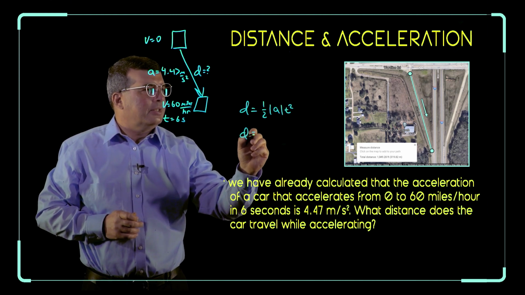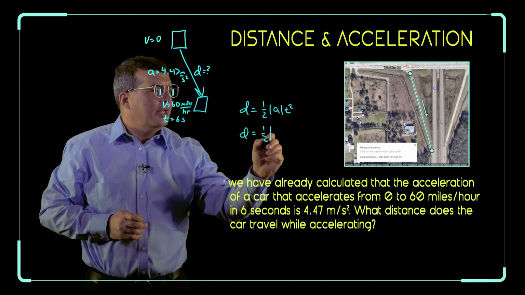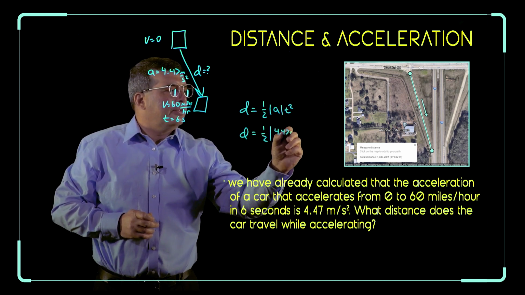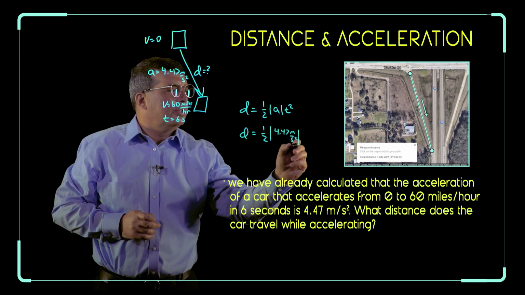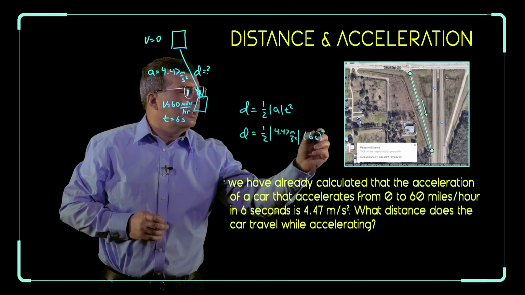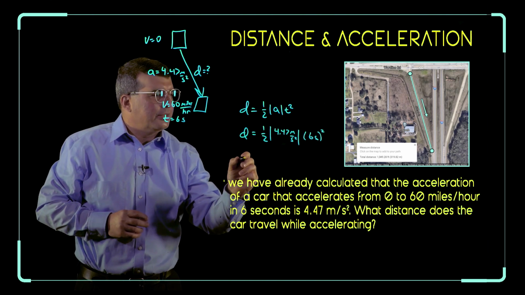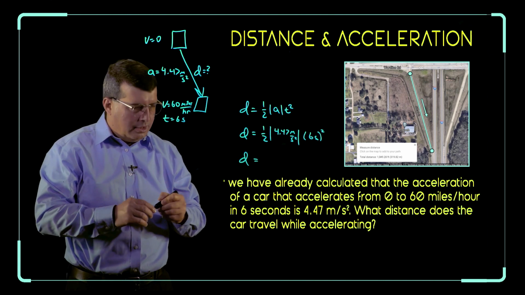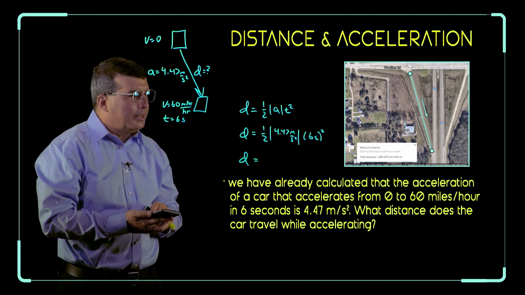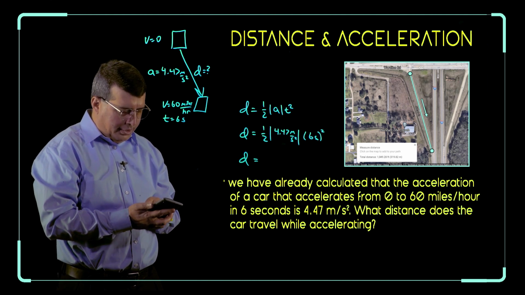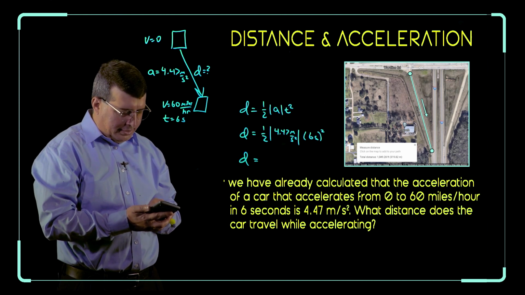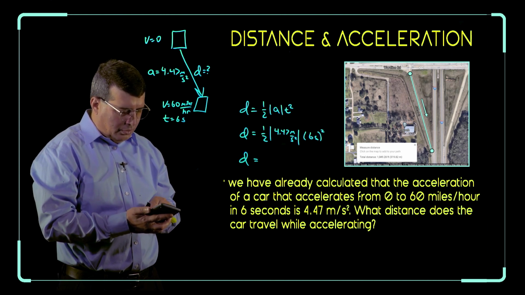So our distance is 1/2 times the absolute value of 4.47 meters per second squared times 6 seconds squared. So our distance is 1/2 times 4.47 times 6 squared.